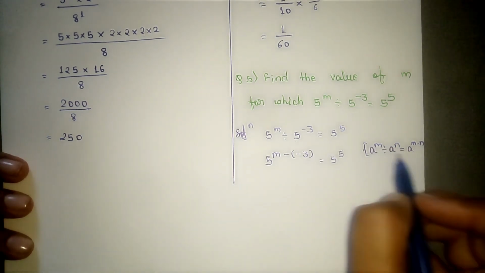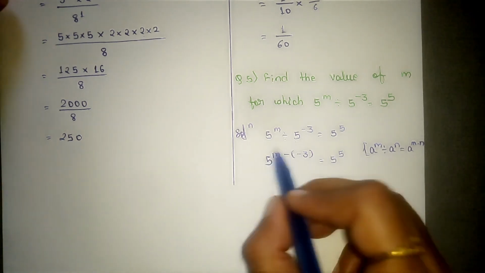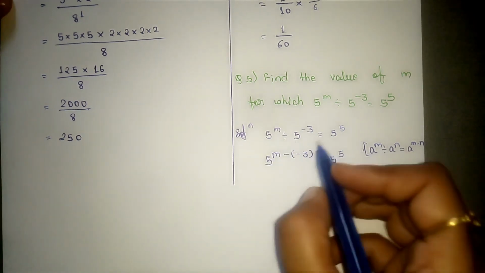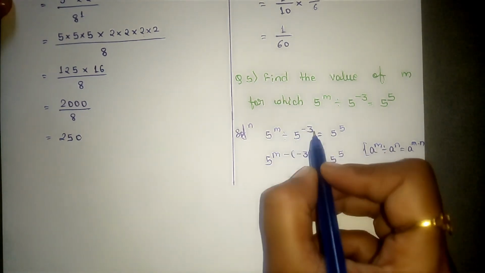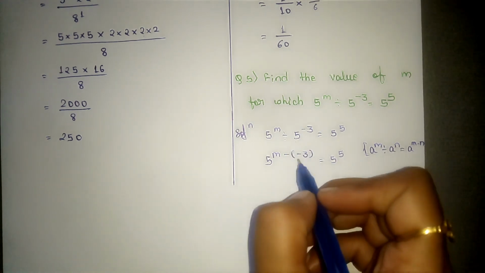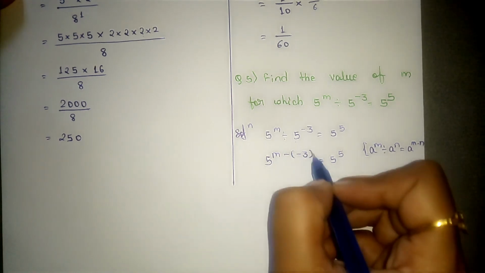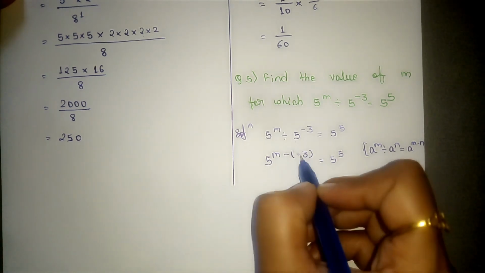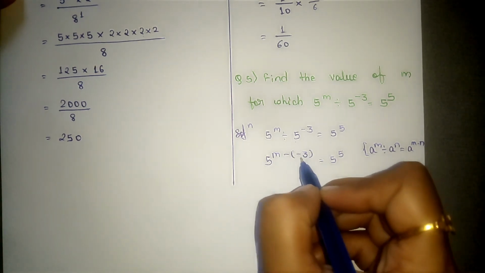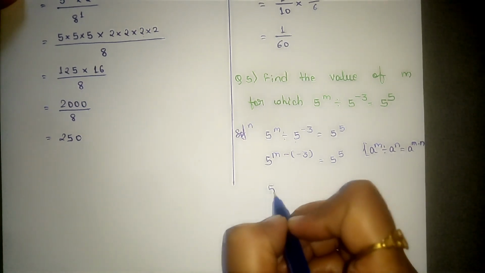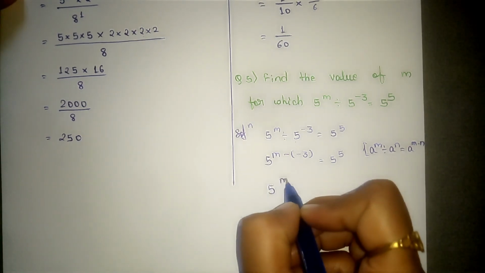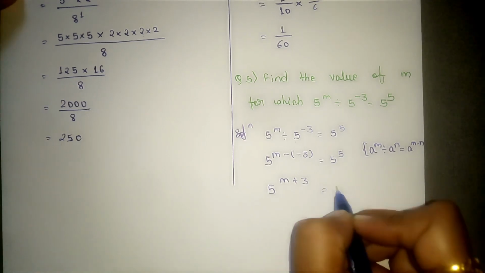When division is given with equal bases and different exponents, we do the subtraction between the exponents by using the law. Minus 3 is already given, that's why I have taken it in a bracket. Now minus minus gets multiplied, and minus minus is equal to plus, so that becomes 5 raised to the power m plus 3 equals 5 raised to the power 5.